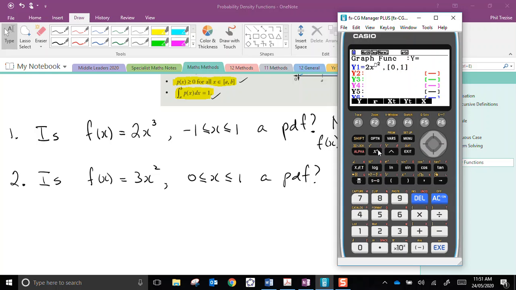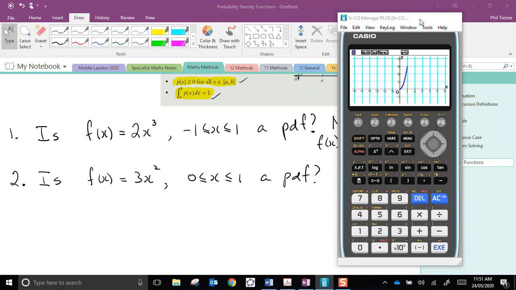Put 2 there, and our coefficient is 3. That's better. Let's draw that. Let's just move that up a bit. There we go. So from 0 to 1, the function is indeed positive.